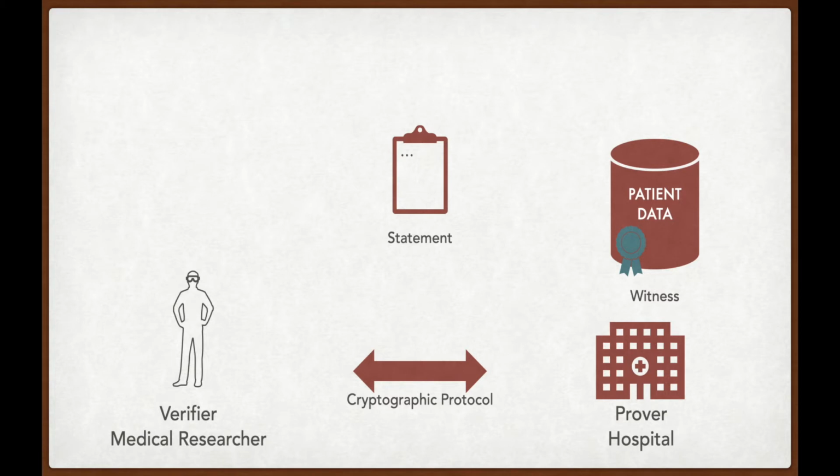Now the two parties can use a zero-knowledge proof to show that the patient study results in some particular results. Crucially, at the end of this study, the verifier will be convinced that it must be the case that the results are bound to the database, but at the same time will not learn anything about the specific contents of the database other than whatever is implied by the study results.